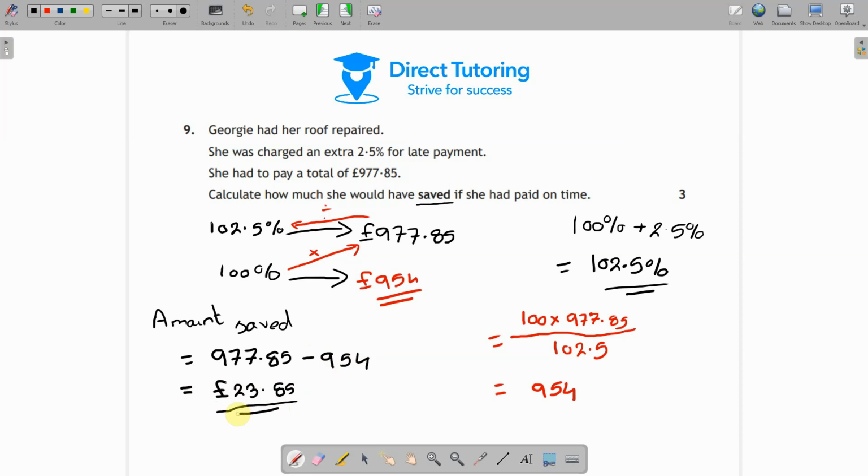And that's how you would go about solving this problem. This relationship here is very, very handy for a lot of percentage questions. Not compound interest, but general reverse percentages, standard percentages, all that kind of thing.